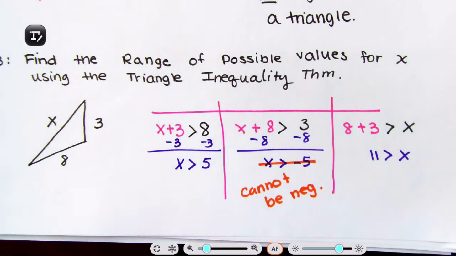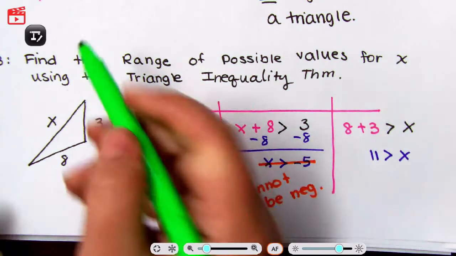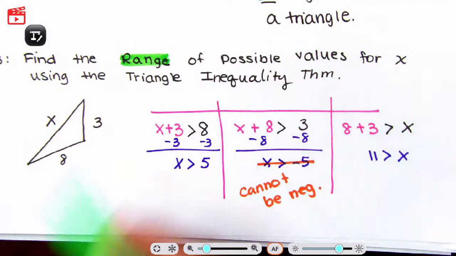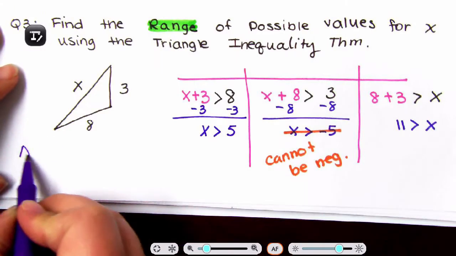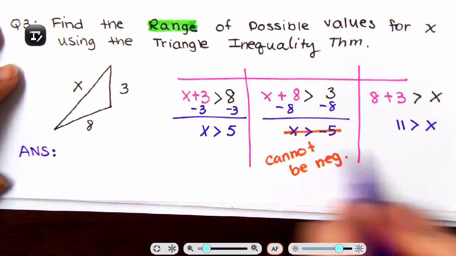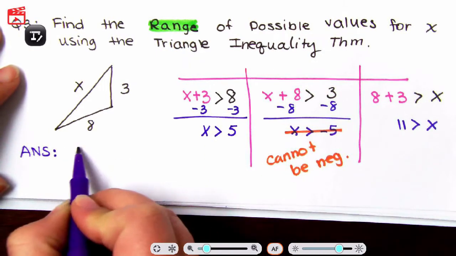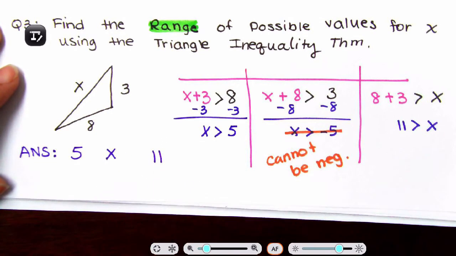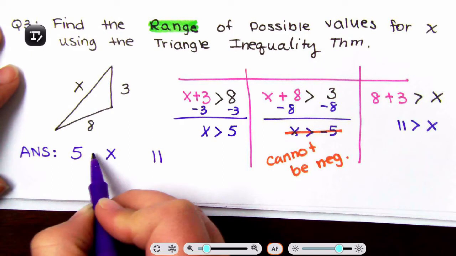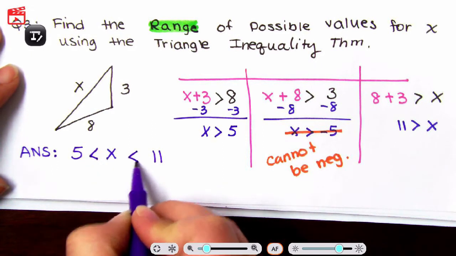Now we have 2. Looking back at the directions, it says find the range. So that means they're not looking for one value. They're looking for the smallest and the largest x can be. So your answer is going to look something like this. You're going to take the smaller positive number, in this case 5, write x, and then take the larger number, 11, and write the symbols less than, less than.